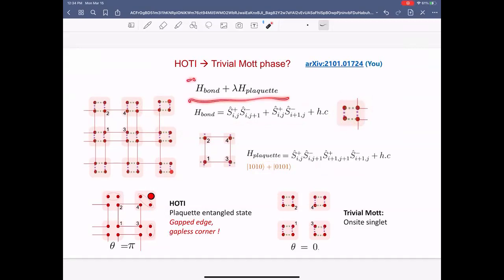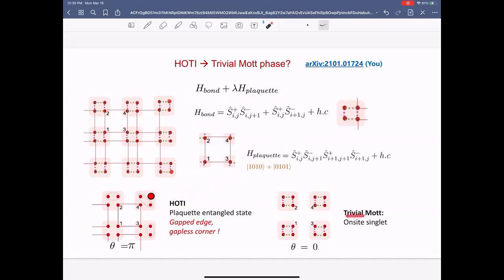For this model, which has an intrasite XY interaction versus an intersite plaquette interaction, there are two limits which are pretty clear. First, when the plaquette interaction is extremely large, when lambda is large, we go back to our previous higher order topological insulator model, which contains a protected corner mode. If lambda is very small and the XY type interaction within the unit cell dominates everything, then the 4 spins are projected into an entangled spin state within the same unit cell.